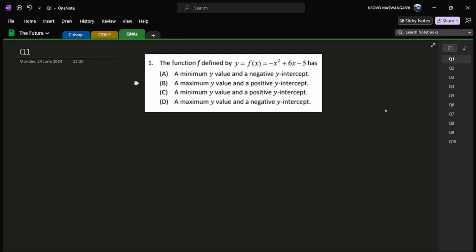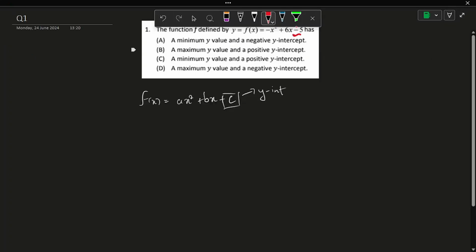Now that they talk about y-intercepts, we know that given f(x) equal ax squared plus bx plus c, the c value is our y-intercept. In this case, that value is negative 5, which means our y-intercept is negative 5.